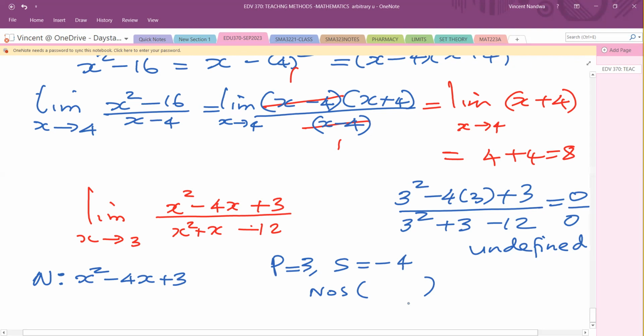Kwa -1 atatupatia product ya 3. Atatupatia product ya -4. Na hapa product yetu ni 3. So check other calculation.